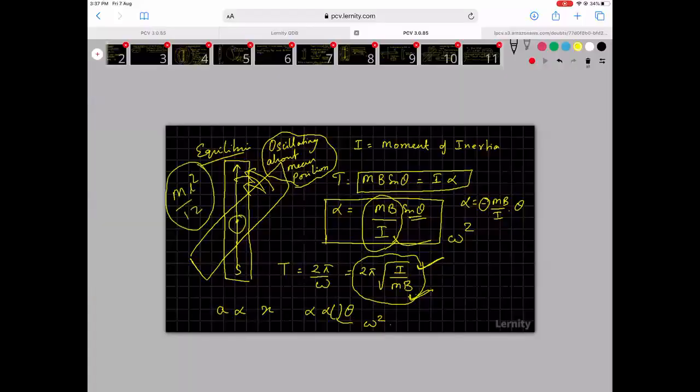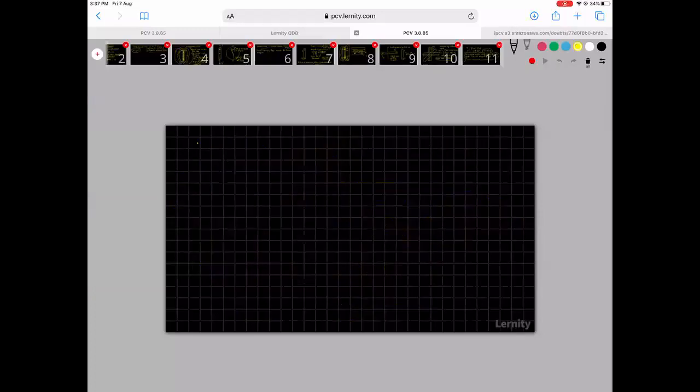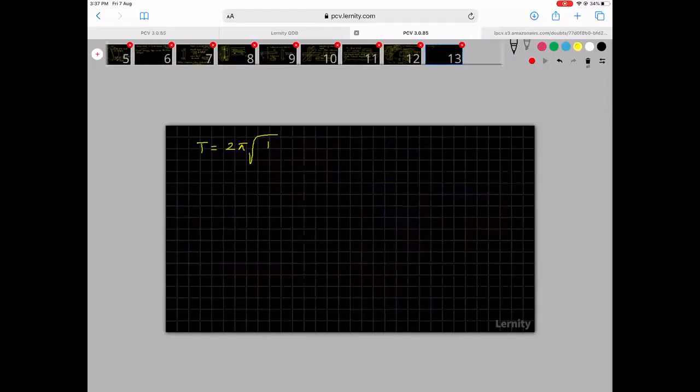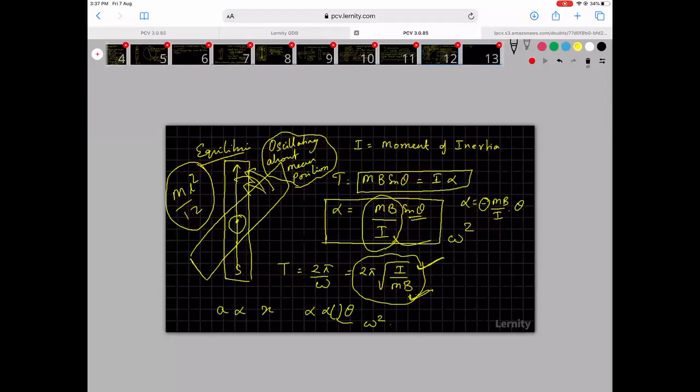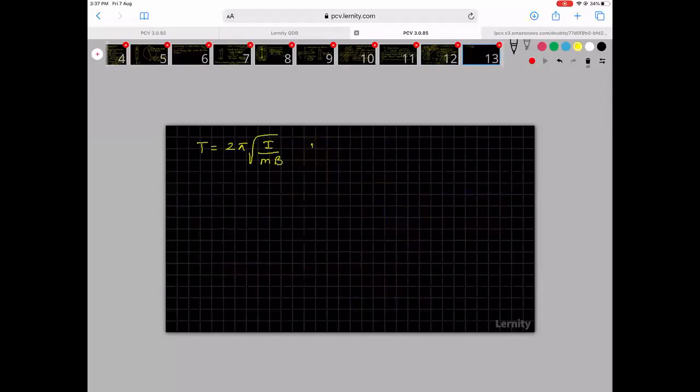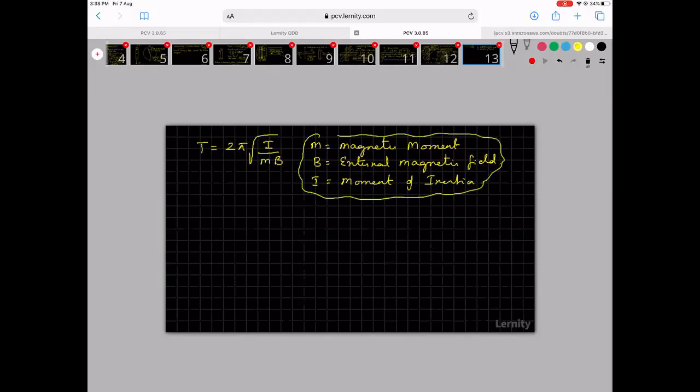So the time period is equal to 2 pi root over of I by mB, where m is the magnetic moment, B is the external magnetic field, and I is the moment of inertia.